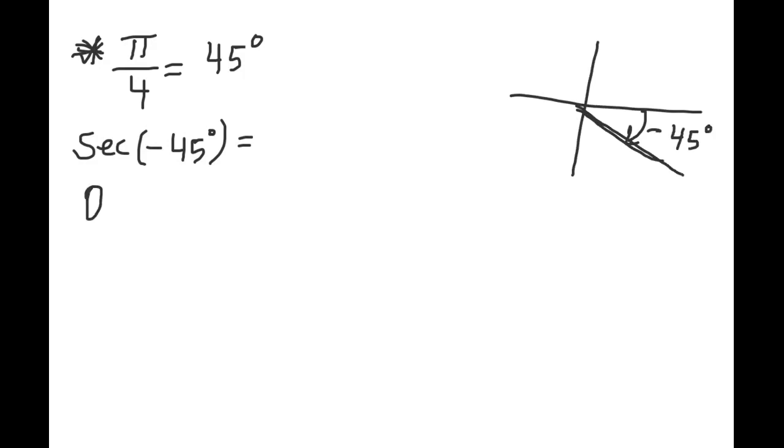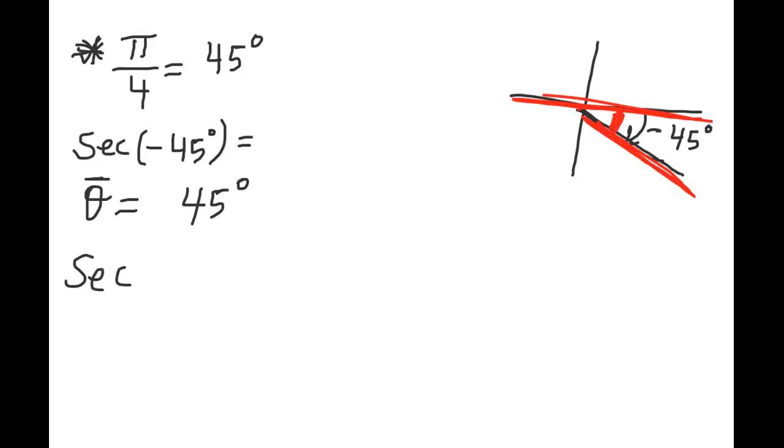So again, what is the reference angle? It is between the terminal side and the x-axis. This is the terminal side, this is the x-axis, and this is the closest one. It's 45, positive. The secant of minus 45 degrees is the same as 1 over cosine.